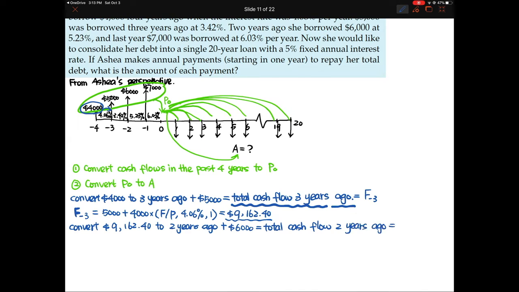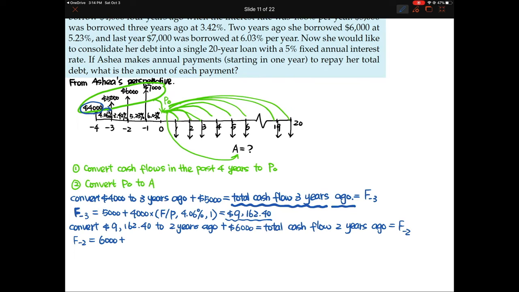You can label it as F minus 2. Okay, so F minus 2 is gonna be, so now you want to convert the 9,000 something 3 years ago to 2 years ago. So that's to convert some present value to the future value, right? So still you have 6,000. That's the amount you already have at 2 years ago, plus some converted value from the 9,000 something. Okay, so it is to convert a present value to a future value.